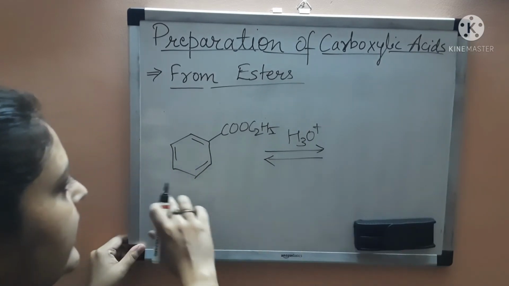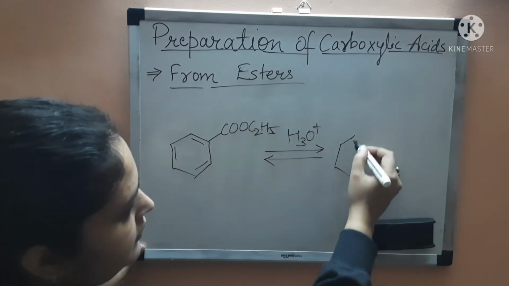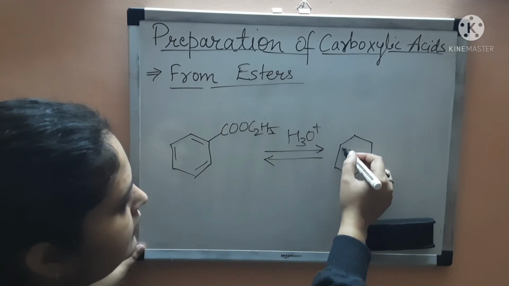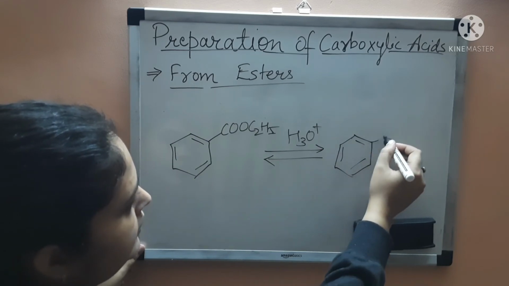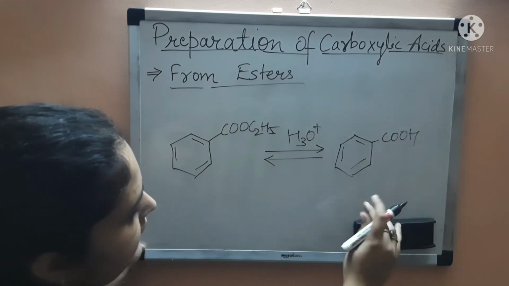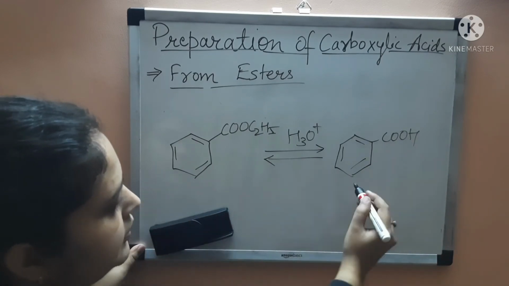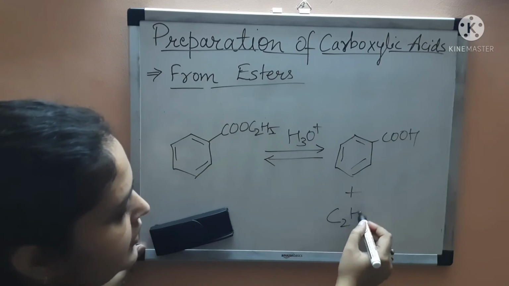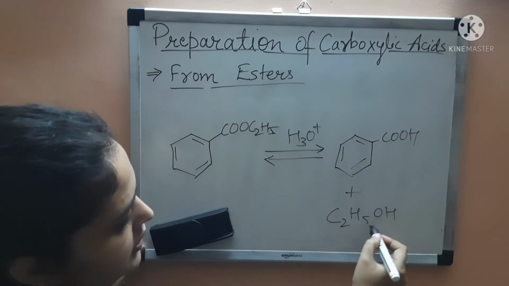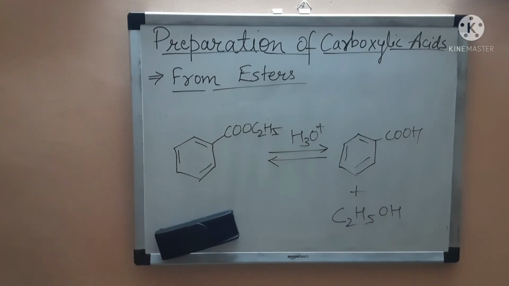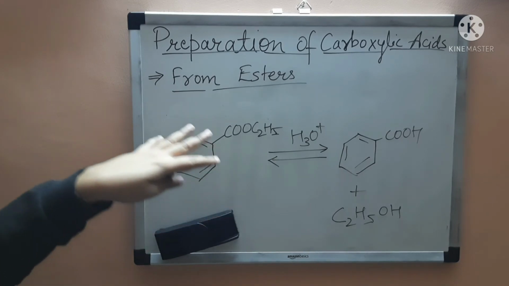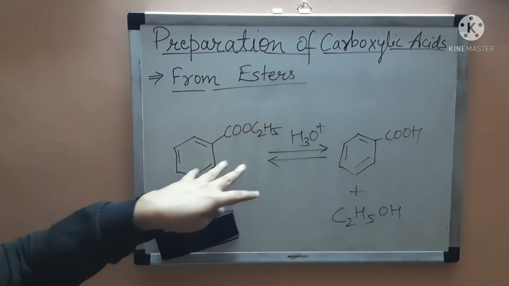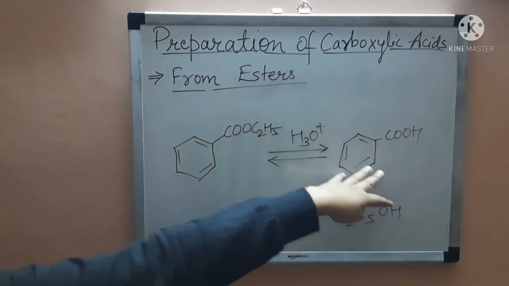What will be the acid? Benzoic acid will be formed, and alcohol will be formed. Alcohol will be C2H5OH, ethanol. This is acid hydrolysis of ester to produce your carboxylic acid.